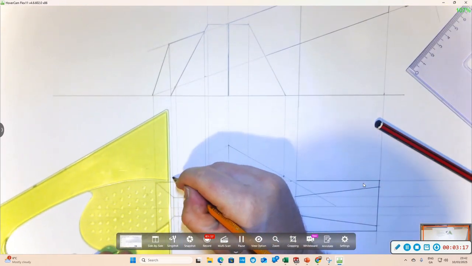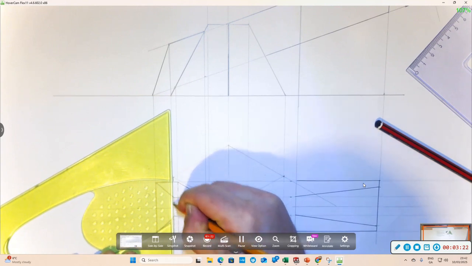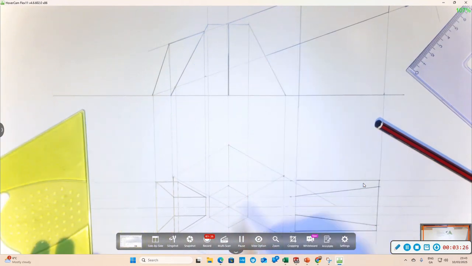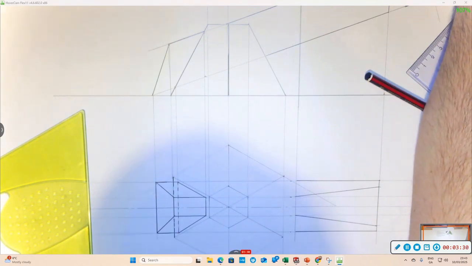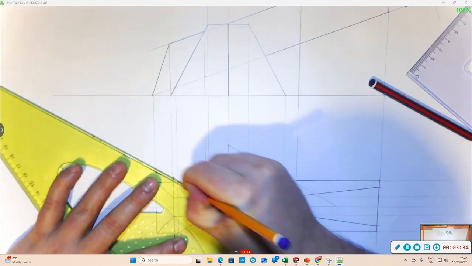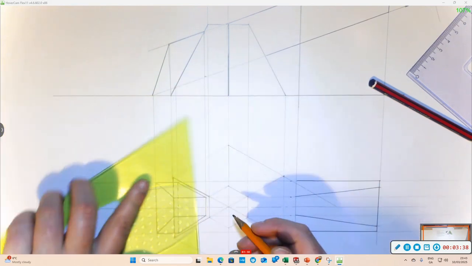And then bottom of the pyramid here, and some of it is hidden detail because it's not taken away. So this is what we have there. And I can heavy that.